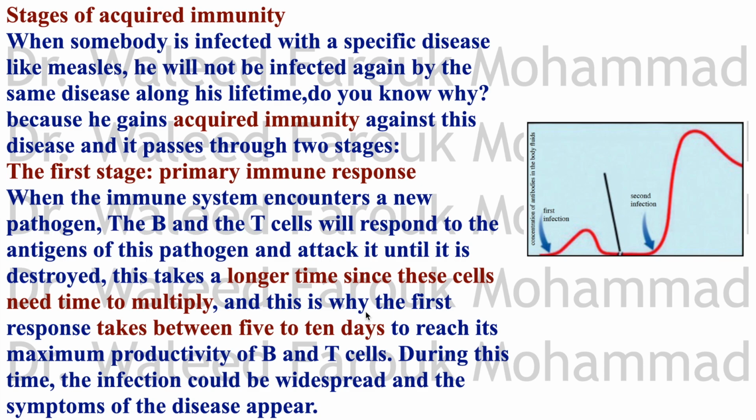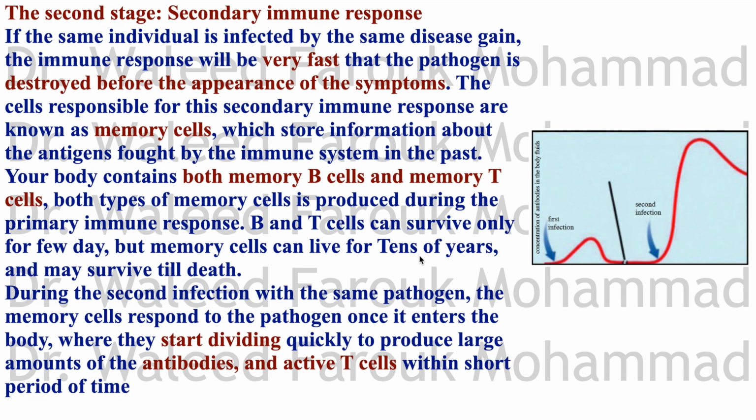اوكي، ده بالنسبه للي بيحصل في الفيرست ستيج. وطبعا during this time the infection هيبقى widespread and the symptoms of the disease appear. لكن السكند ستيج بقى secondary immune response، لما الباثوجين ده نفسه يدخل الجسم مرة تانية. الاميون ريسبونس هنا هتبقى very fast، لان في memory cells يا جماعة، لان في خبرة بقى قبل كده بمجابهة الانفكشن ده. واحنا بنتعرض للانفكشن على فكرة كل شوية، لكن ما بنحسش بيه علشان بيتقضي عليه بسرعة بسبب المناعة اللي احنا اكتسبناها من اول مرة.